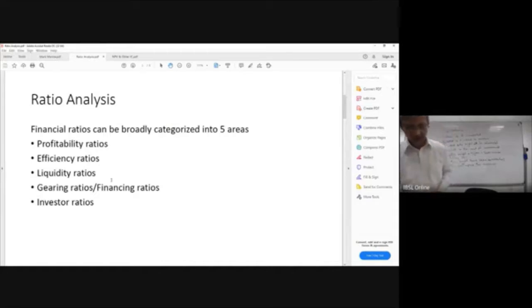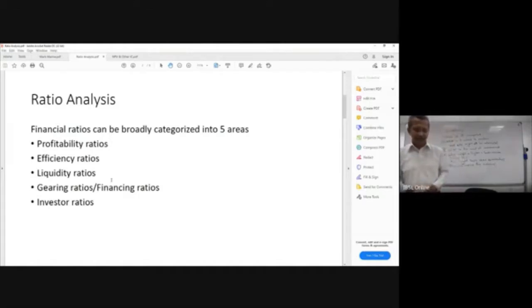Liquidity ratios look at short-term solvency, and the gearing financing ratios look at long-term solvency. Those are called financial leverage ratios as well.